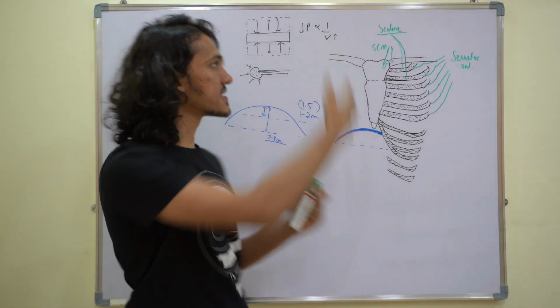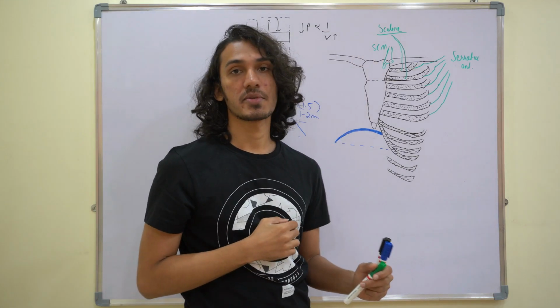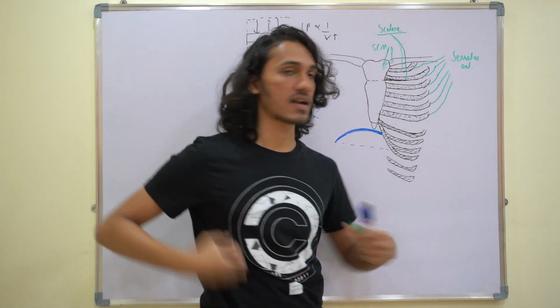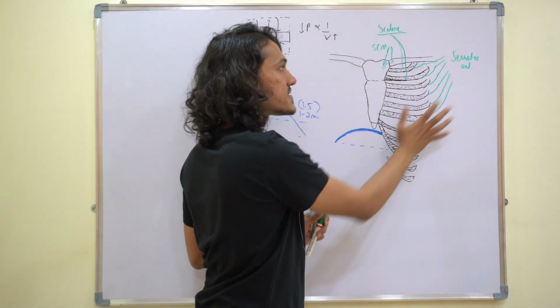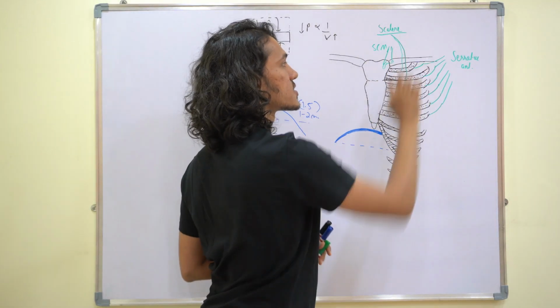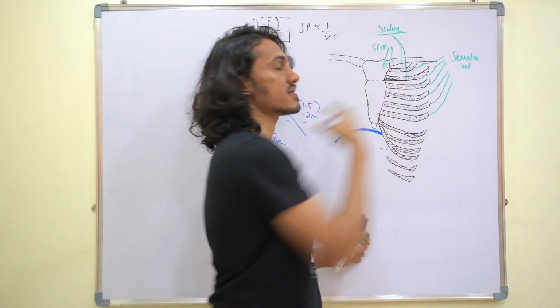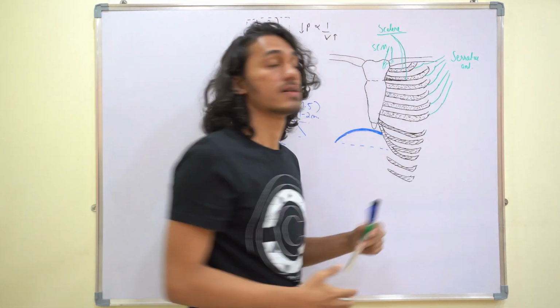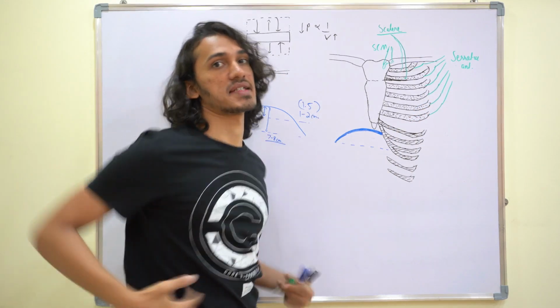So we got the scalene muscle which pulls up, the sternocleidomastoid which again pulls up, the serratus anterior which pulls outside, and this is involved in the upper part of your chest wall. We got the scalene muscle, first 2 ribs. We got the sternocleidomastoid which is involved in pulling up the sternum as well as the clavicle. And we got the serratus anterior, the first 6 ribs.